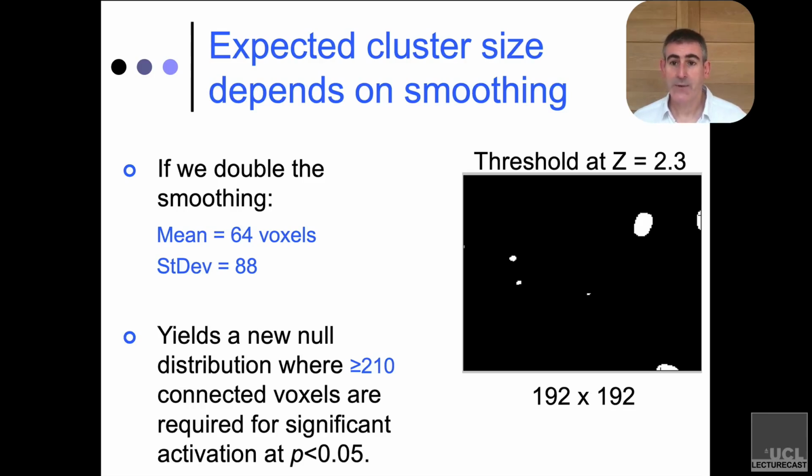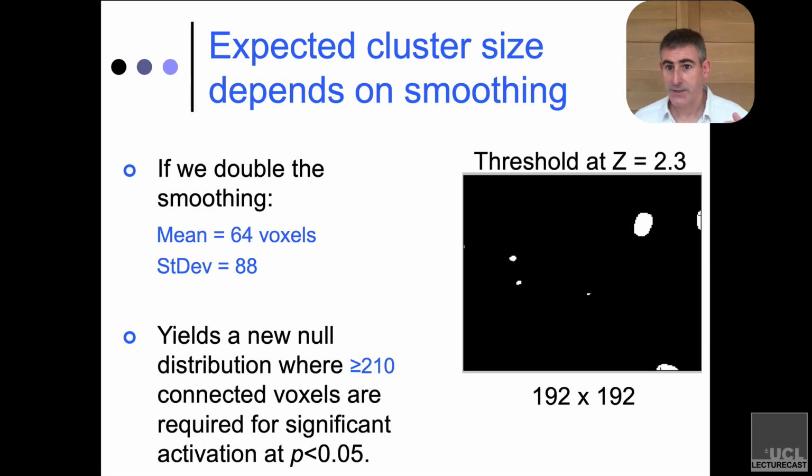So if you increase the smoothing, then you're going to make your cluster thresholding less sensitive because now, by definition, even the random clusters are larger. So you need still larger clusters to exceed that by chance. So it has different effects, right? So what I said before was if you increase the smoothing for a voxel-wise threshold, you decrease your statistical threshold.